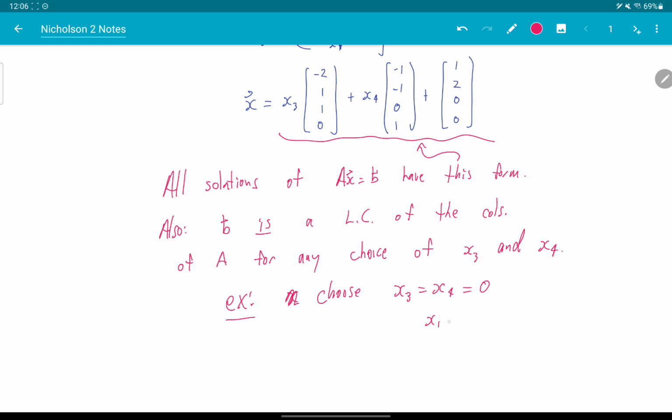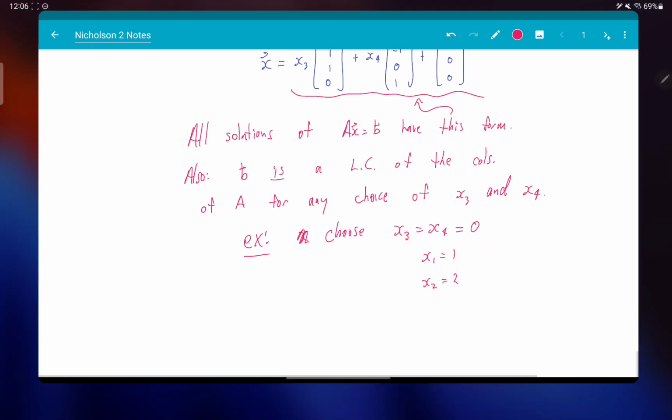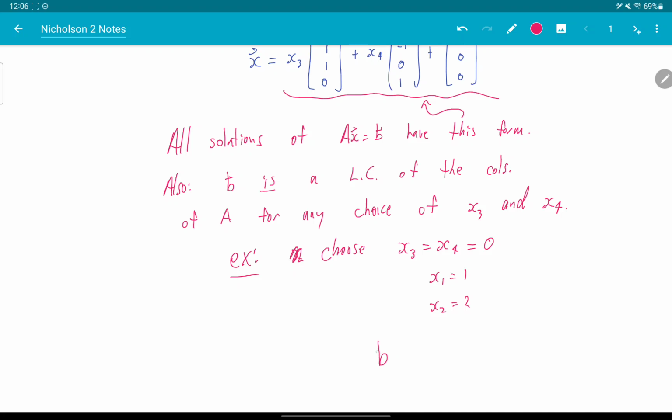Then I get x1 is 1, x2 is 2, and you get the linear combination B is going to be 1 times A1 plus 2 times A2 plus 0 times A3. You don't have to write these last two things, but just to emphasize.